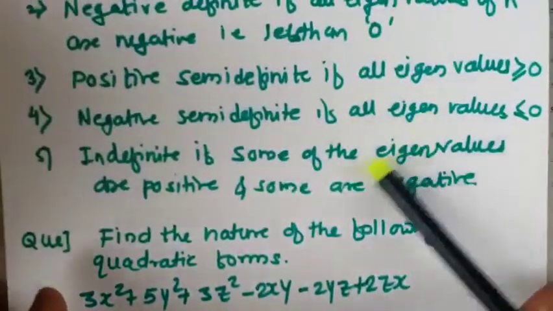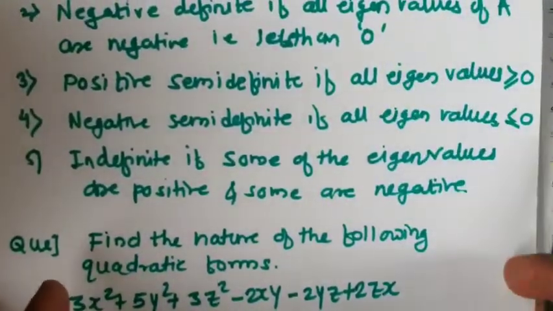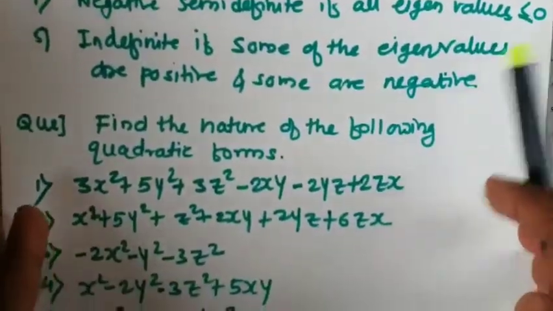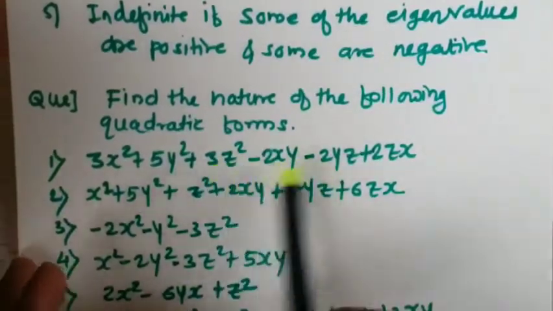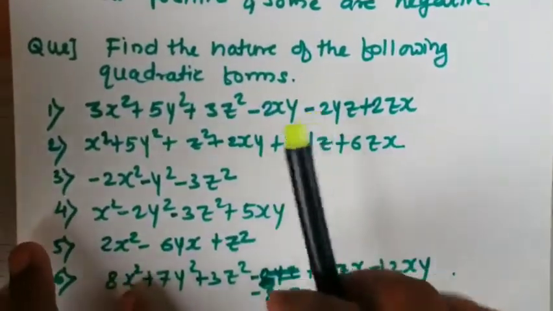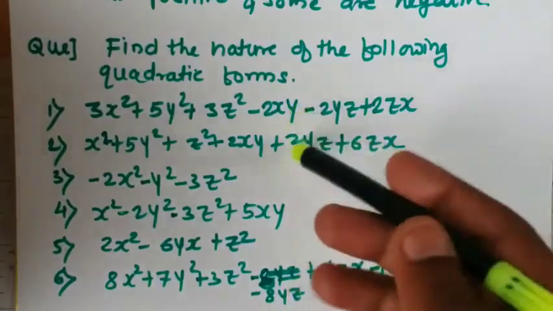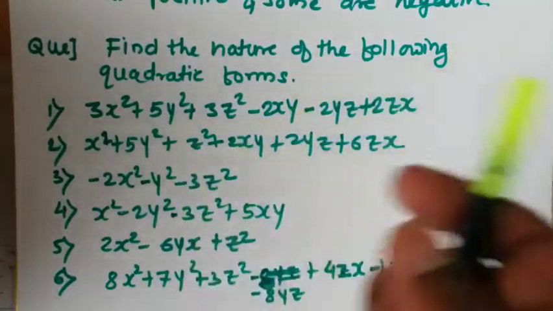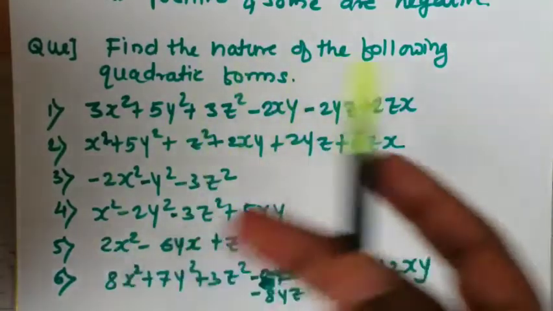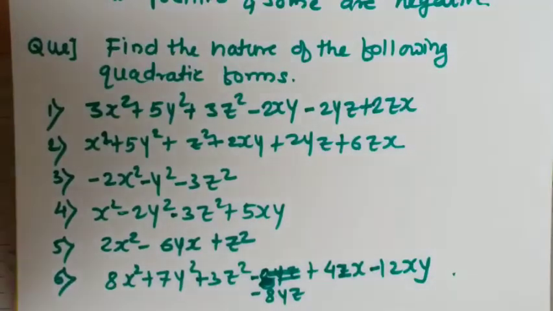For deciding this, we need to calculate the eigenvalues of matrix A, and the matrix A can be determined using the given equation of the quadratic form. Once we get that matrix, calculate its eigenvalues, and just by checking their signs we can decide its nature. Okay, so let us start solving the first example.